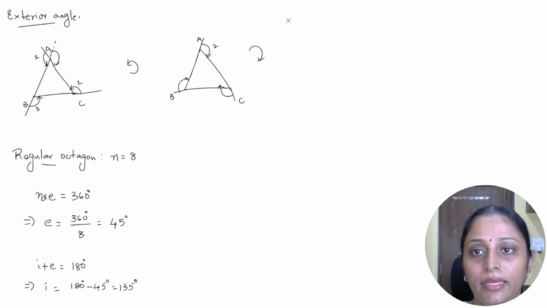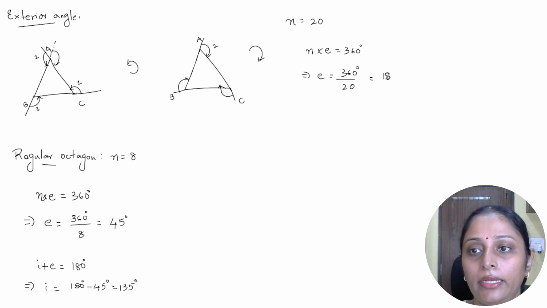So if I take n is equal to 20, it becomes a 20-gon, right? Now here I have n into e is equal to 360 degrees, implies e is equal to 360 by 20, which is equal to 18 degrees.